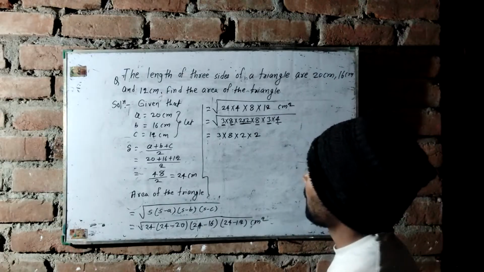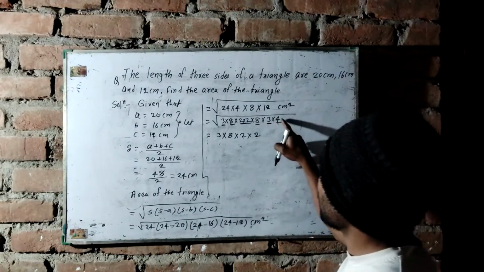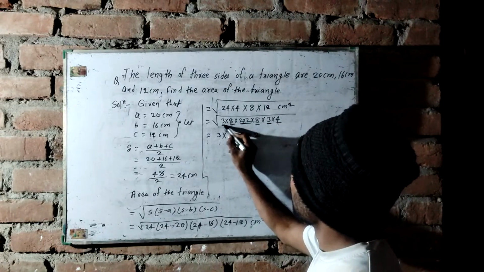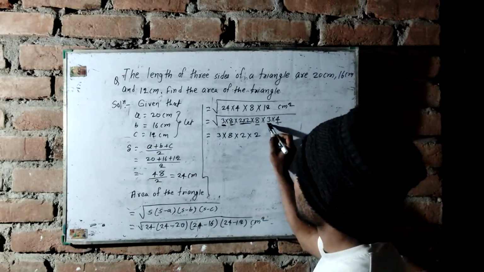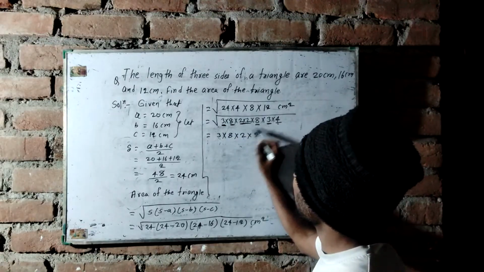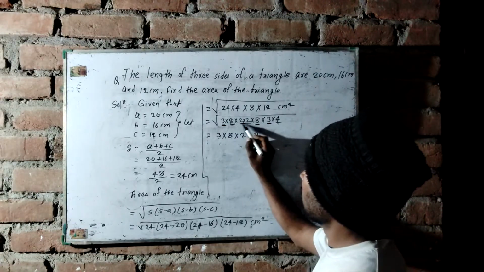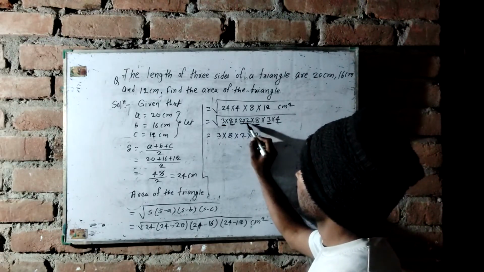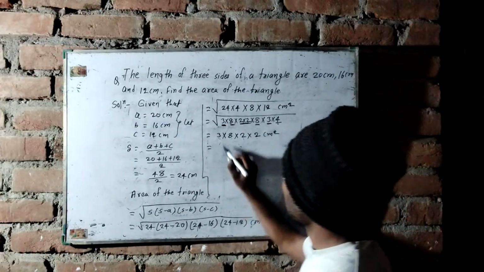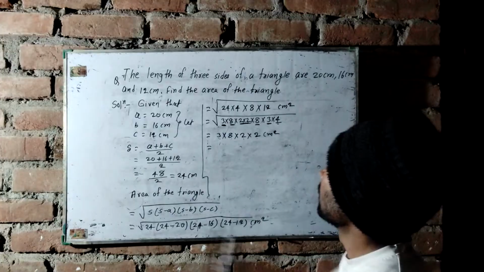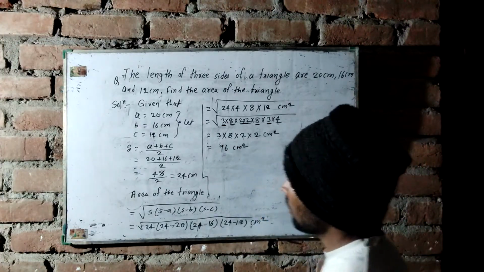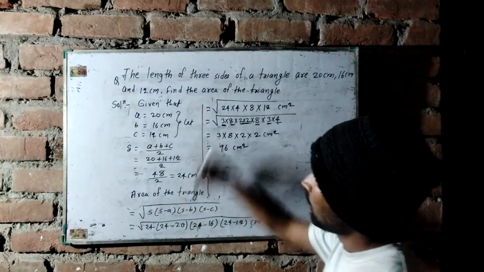So after taking the square root of these numbers we get the product, centimeter square. Now we get 96 centimeter square as the area of the given triangle.